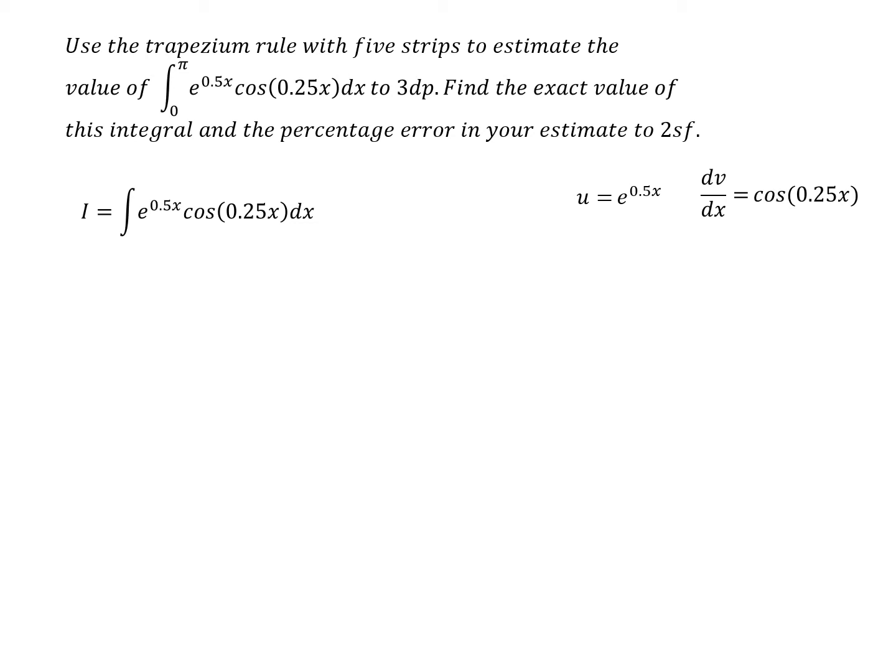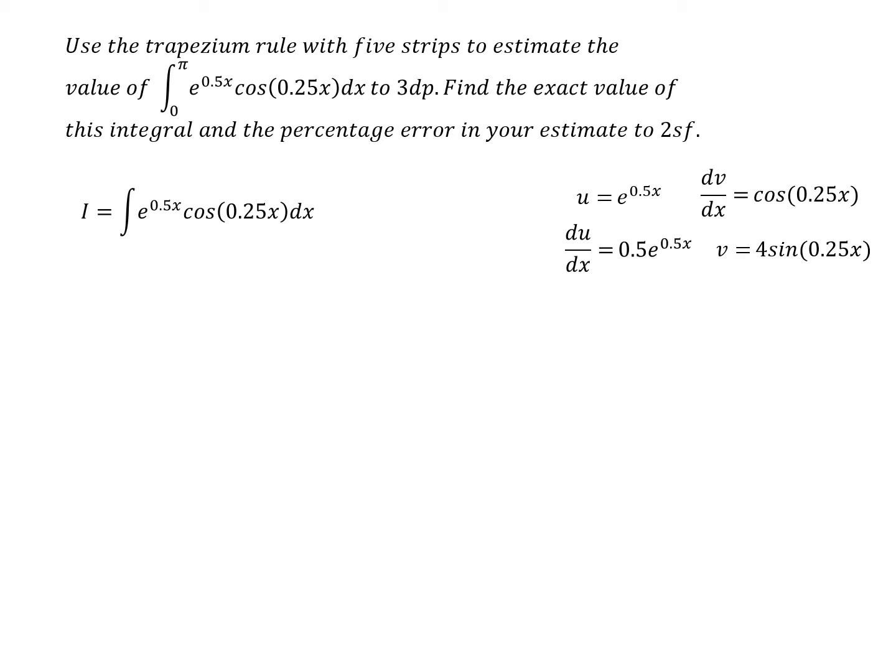So if u is e to the 0.5x, then du/dx, we just multiply e to the 0.5x by 0.5. And then dv/dx is cos 0.25x. So v is sine 0.25x divided by 0.25, which is the same as multiplying by 4.